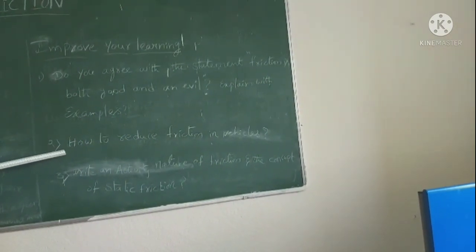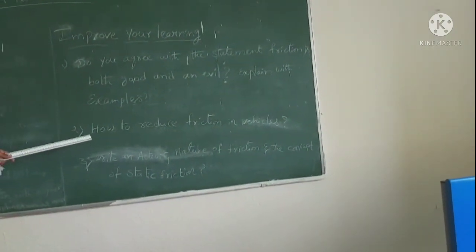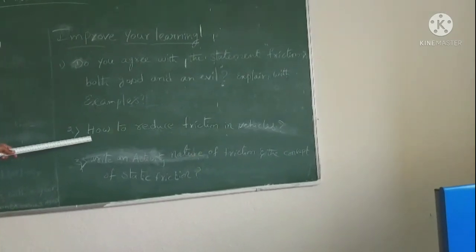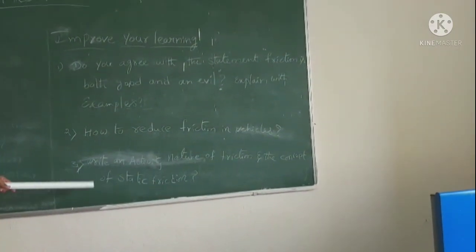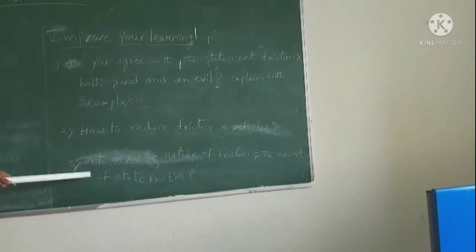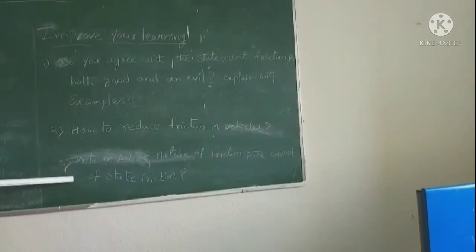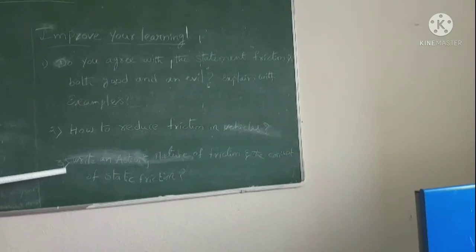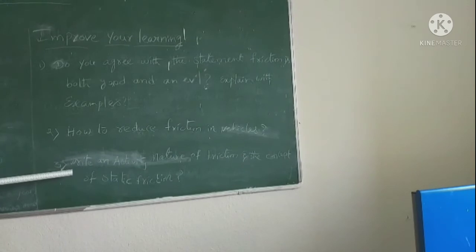Next question: how to reduce friction in vehicles? We use lubricants, ball bearings, drags, and so on. Next, write the activity on the nature of friction and the concept of static friction. This activity is very important. Write down and learn.